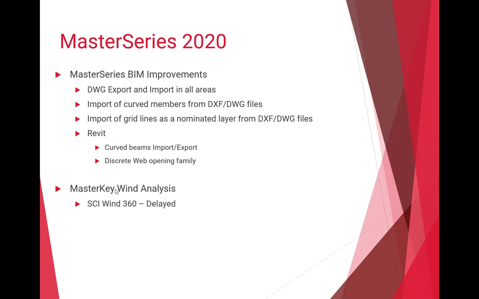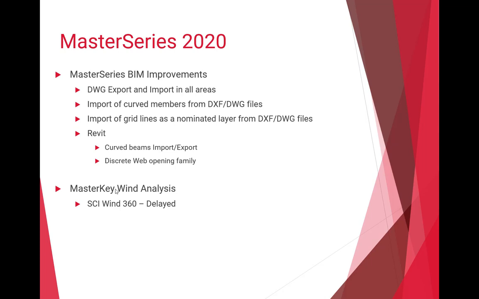Also a note on the MasterKey wind analysis. Considerable work had been done early in the year with regards to the implementation of a new wind analysis engine from the SCI called Win360. Really, really nice new facility from SCI presenting a web-based web service engine to calculate wind analyses from wind sites that used a lot of nice new facilities such as postcode searching, but it also used Google Maps for looking at fetches, so it was using really up-to-date information and had the potential to be much more enhanced in the future in terms of resolutions and things like that.